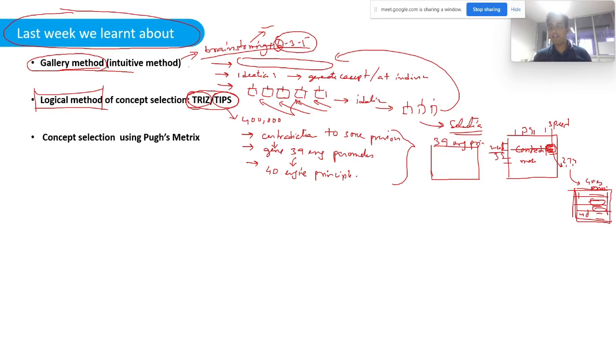Based on our contradiction we can identify the particular engineering principles that can solve it, and by referring to this chart we can think about concepts based on these principles.